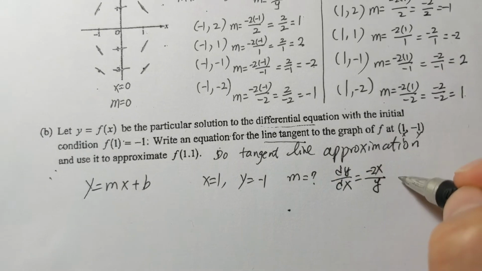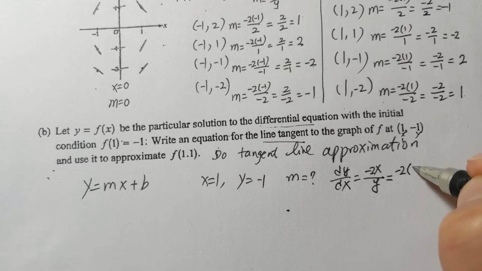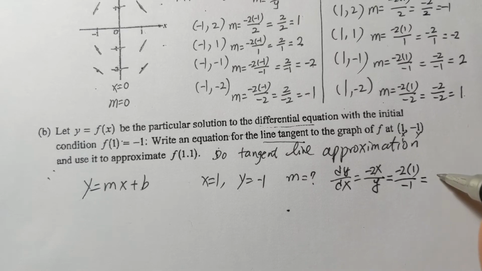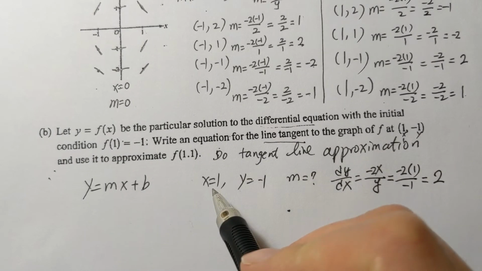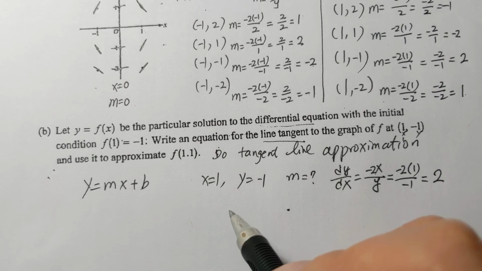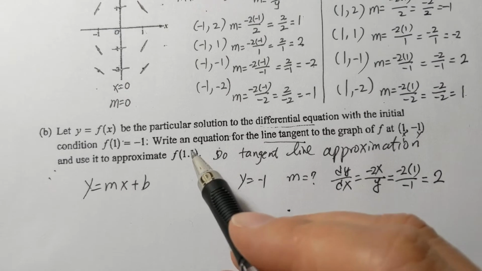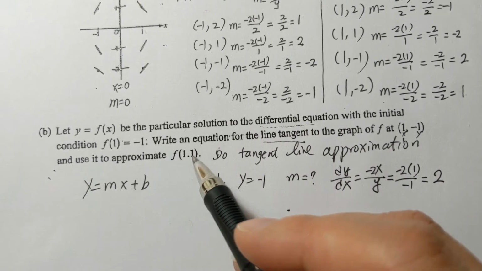When x equals 1 and y equals negative 1, we got negative 2 times 1 over negative 1, which is going to be 2. So we get the slope, and with x and y we go back to find b. After we find b, we have the equation of the tangent line, and we're going to use it to approximate the value f of 1.1.